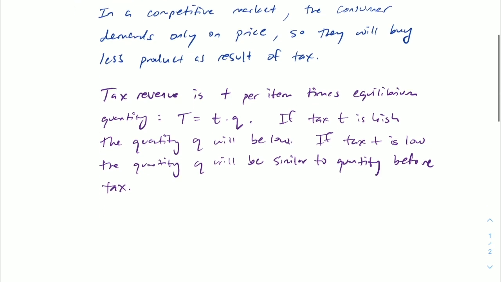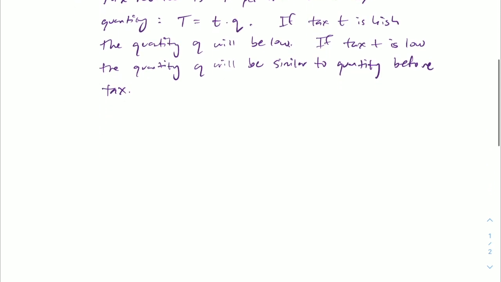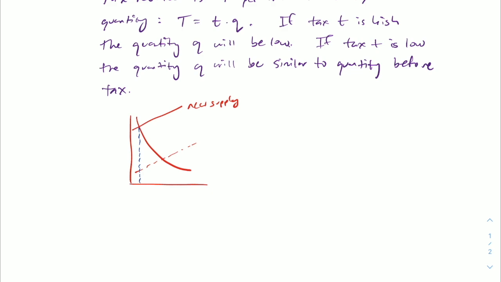Let me sketch a few examples here. Say we have a really high tax. So here's the old supply. Here's the new supply. In this picture, the quantity is going to be quite small. This is the Q. And the shift up is going to be quite high.